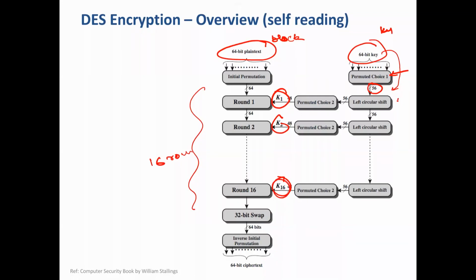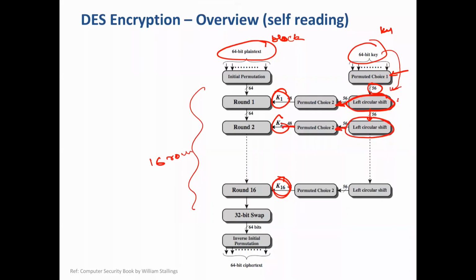And how do we generate keys out of this initial 56-bit key? There is some mechanism like a left circular shift we can do, and then we permute this. Then we do another left circular shift and permutation, and we get the second key, and so on.